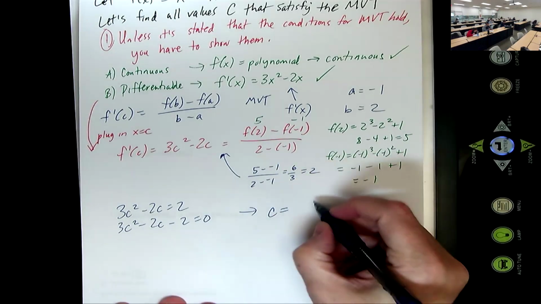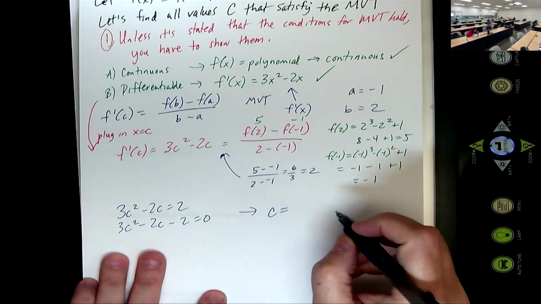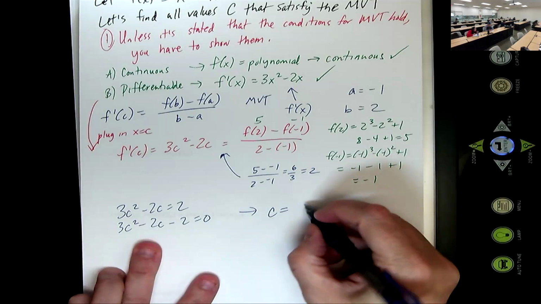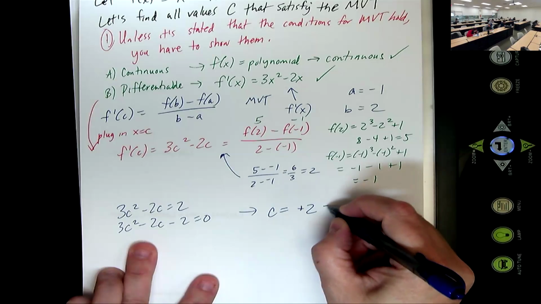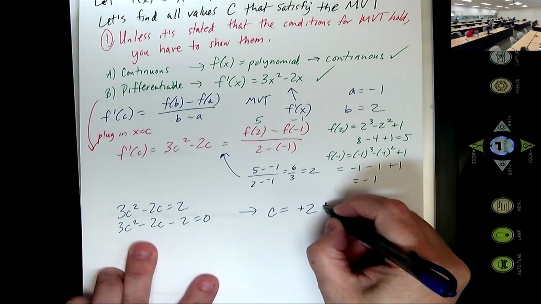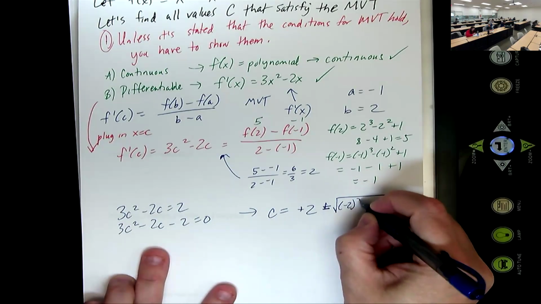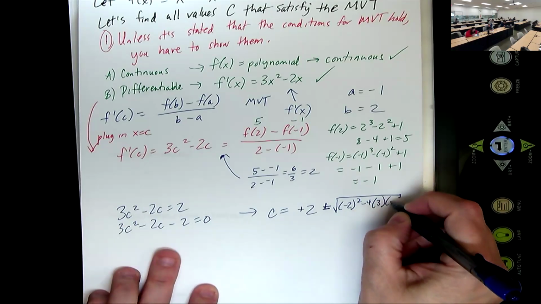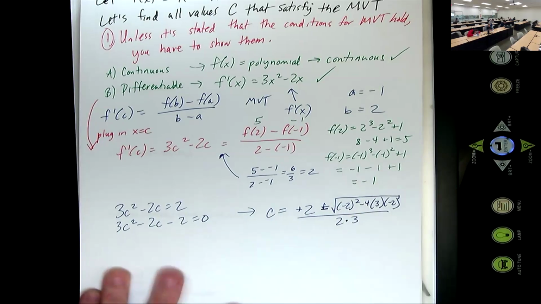Quadratic formula. C equals, let's see. I hate using C because we tend to use A, B, and C in the description of the quadratic formula. We have the negative of that, so +2 plus or minus the square root of that squared minus 4 times 3 times -2 all over 2 times 3.